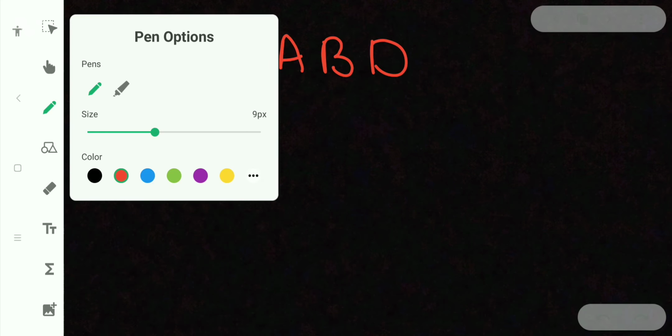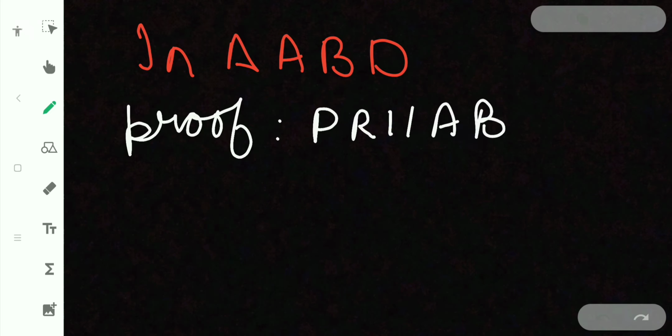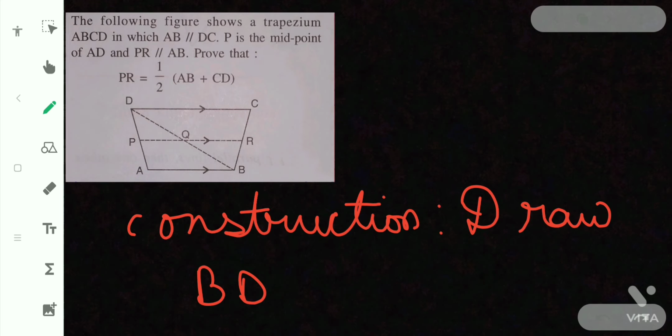So I will be writing here the same thing, PR. So proof. Proof I am writing here. Proof: in triangle ADB, PR is parallel to AB and PQ is parallel to AB. So PR is parallel to AB, so PQ is lying on that line, so PQ is also parallel to AB.